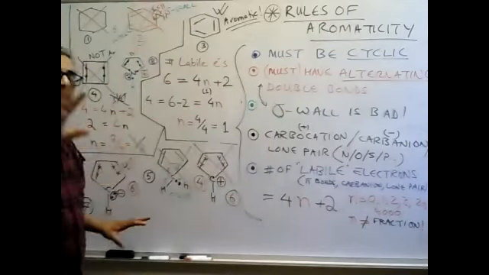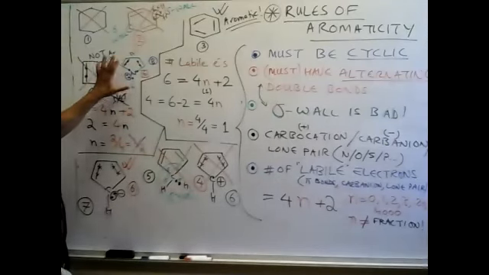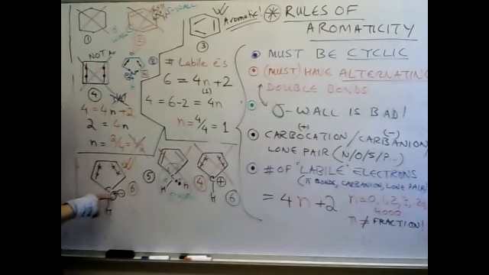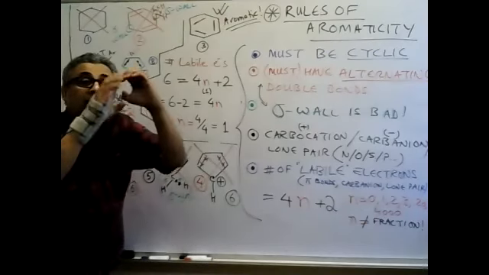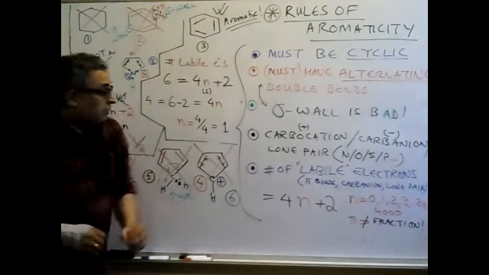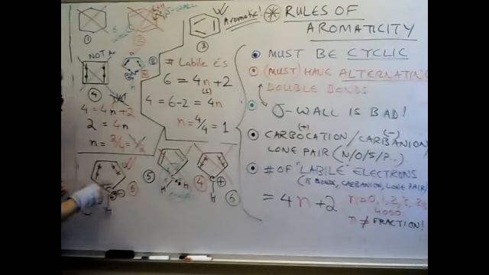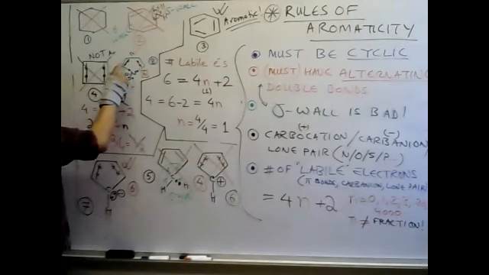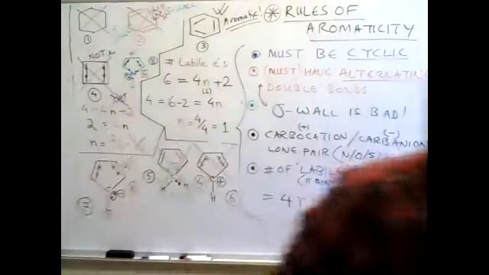We're gonna spend a solid half an hour talking about resonance one of these days. So yes, if you have a carbanion, you count 2 electrons. If you have a carbocation, you count nothing, count 0. So your counting will be 2 plus 2 plus 0, 4. If you have a carbanion, you count 2 plus 2 plus 2, 6. If you have a lone pair, you count 2 plus 2 plus 2, 6. Does it answer, Richard?